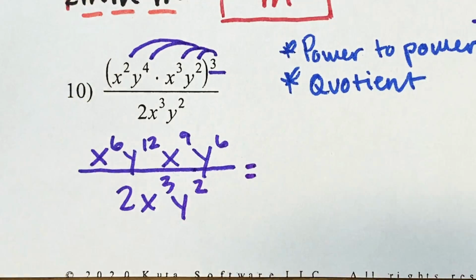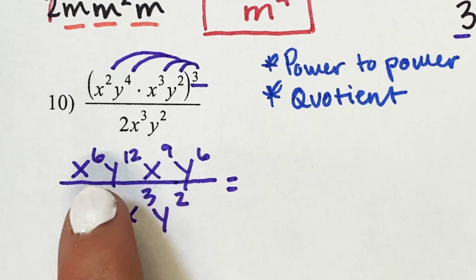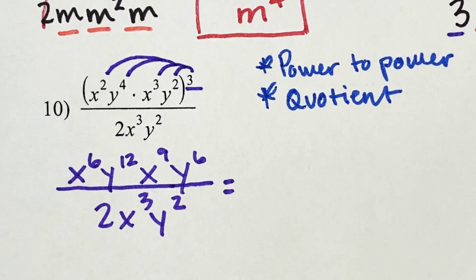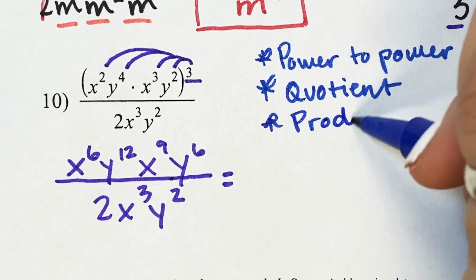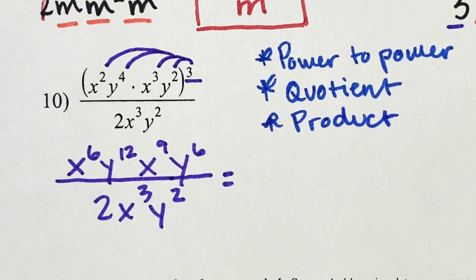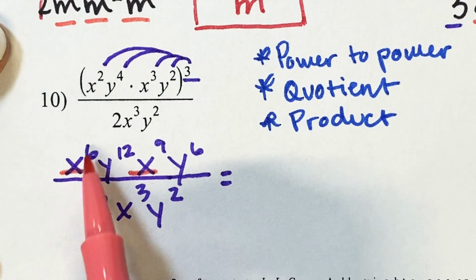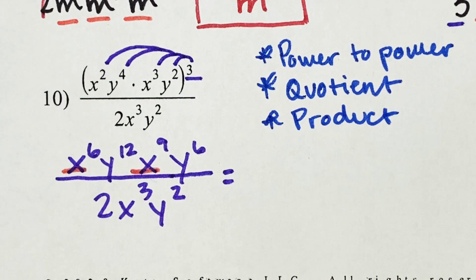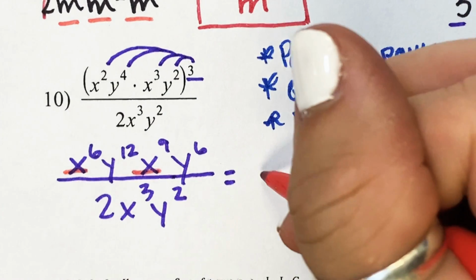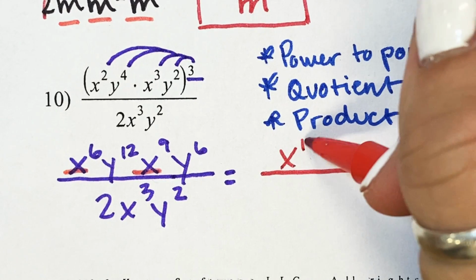Awesome. So now I see that I have x's on top and y's on top that need to be combined. That's actually product rule, right? They're all being multiplied, so we can go ahead and combine them. I have 6 x's right here and another 9 x's right there. How many x's do I have on top? 6 plus 9? 15.